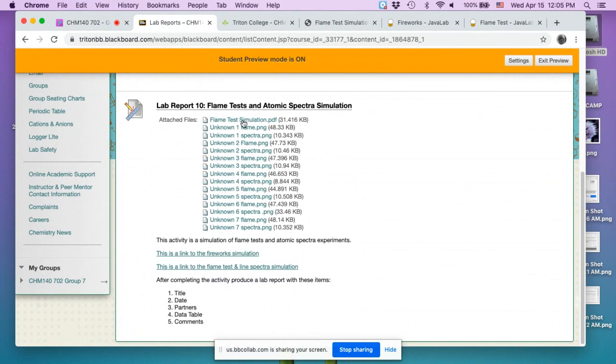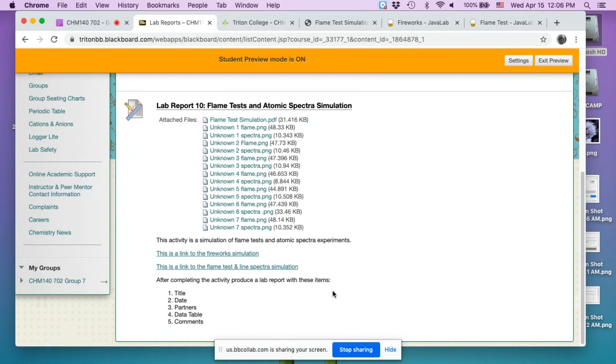The first link up here is the instructions for doing the lab, and the rest of these are pictures that go with it. This activity is a simulation of flame test and atomic spectra experiments. Then this is a link to the fireworks simulation, and right below that is the link to the flame test and line spectra simulation.